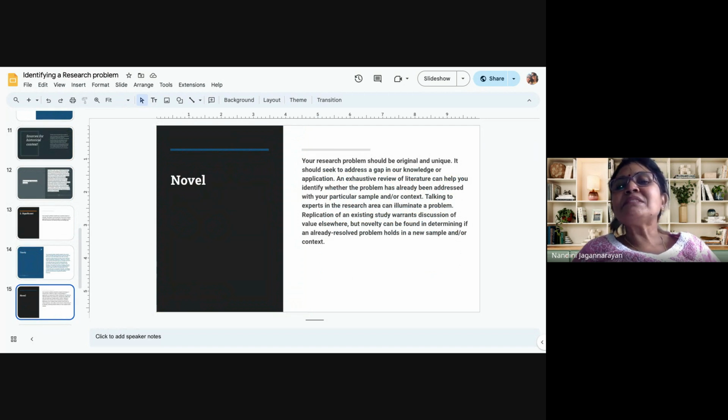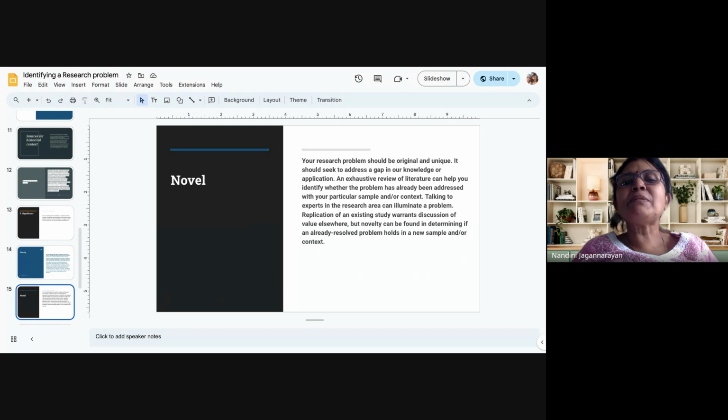Then it has to be novel, in the sense that there has to be some new area that you throw light on. People would not have researched how fast the metro is, if we assume we have a metro, and how cost effective it is.